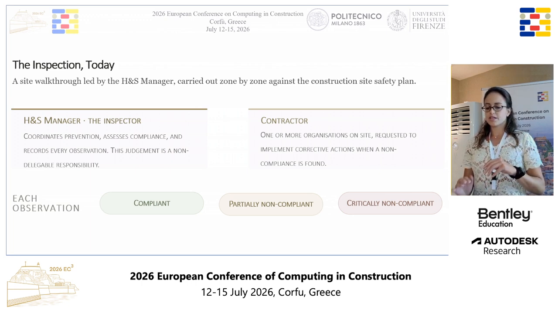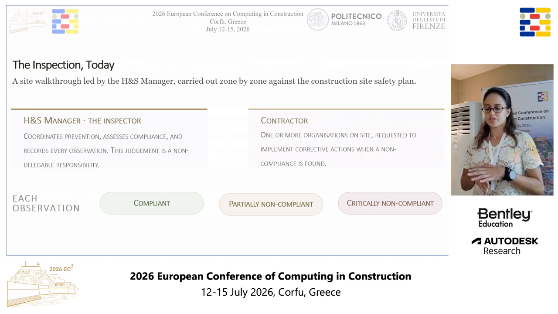The third category is critically non-compliant. In this case, the violation represents an immediate safety risk and may require stopping the activity or restricting access to the area until the problem is solved.